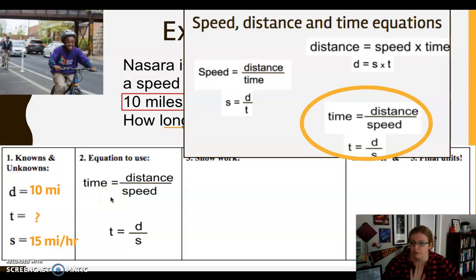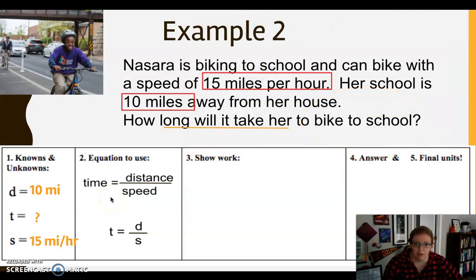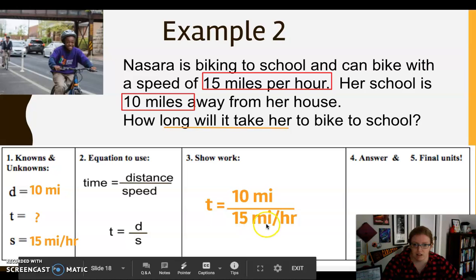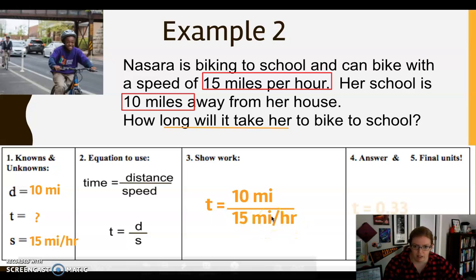Either one is fine. You don't have to write it down both ways. Then I'm going to go to my next step, and I'm going to show the work for my calculation: time will equal 10 miles divided by the speed of 15 miles per hour. Okay, I'm going to plug that into my calculator. I get T equals 0.33.